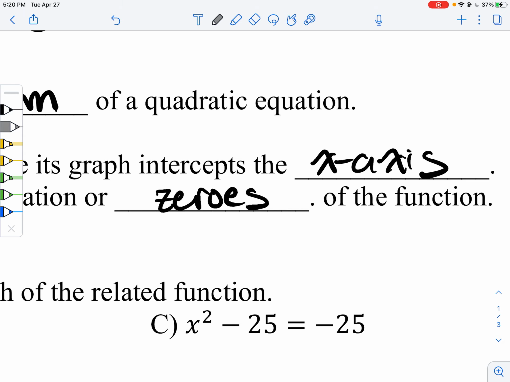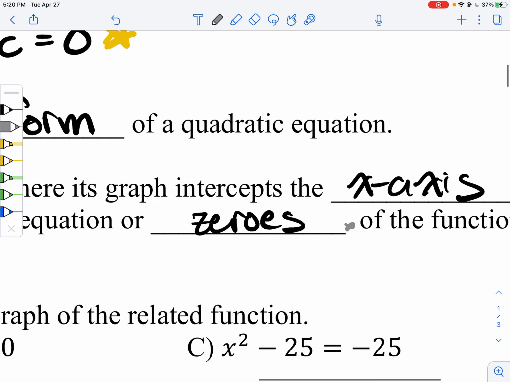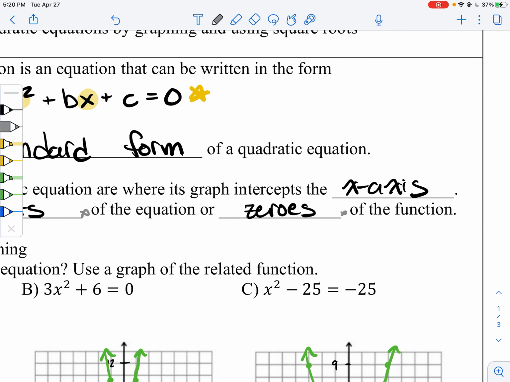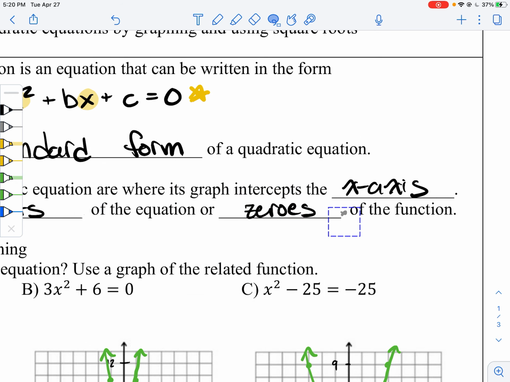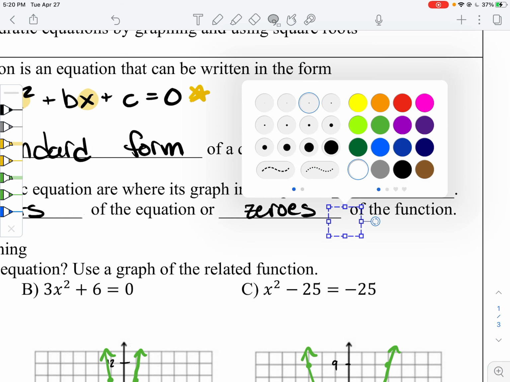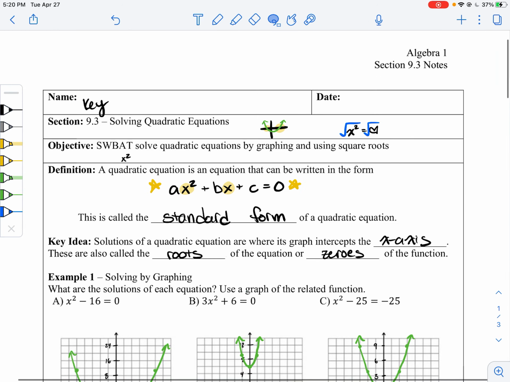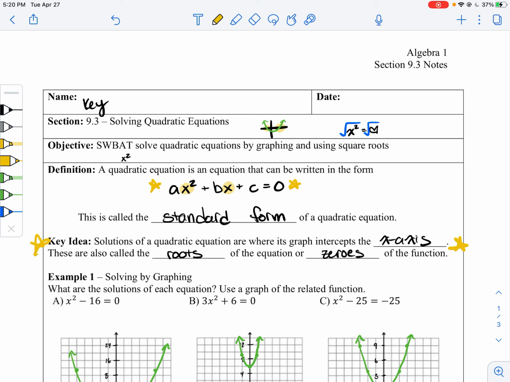There shouldn't be little periods right there, my bad, I did not catch that. So to find the solution, if you graph it, it's where y equals 0, or the roots of the function.